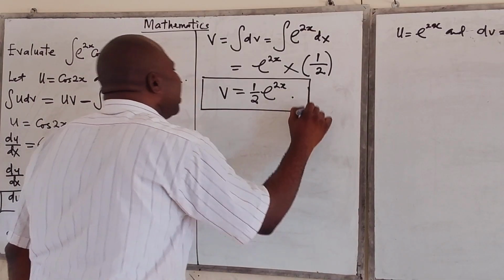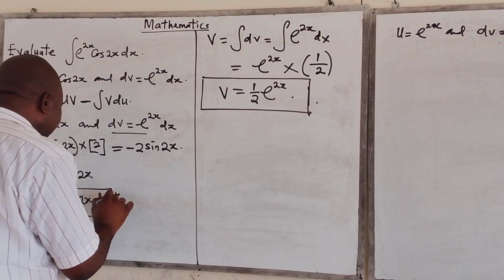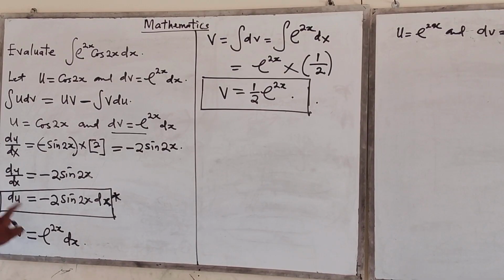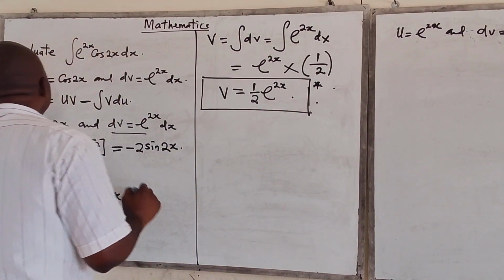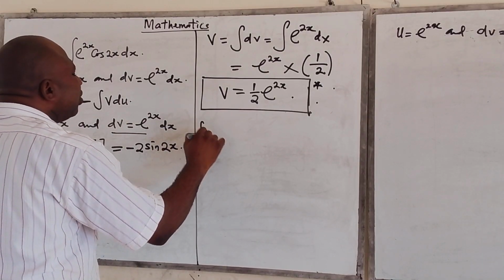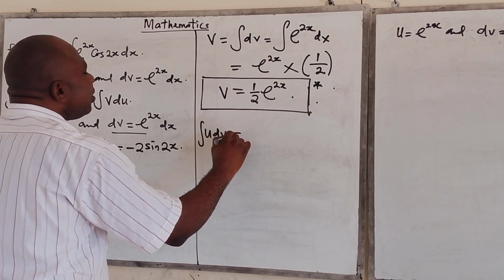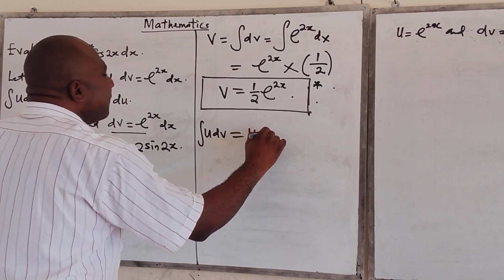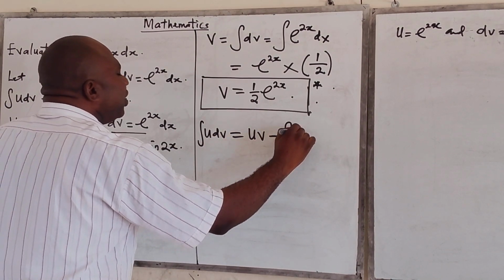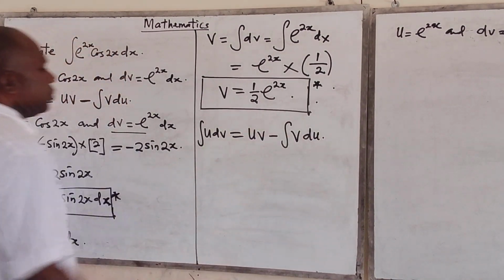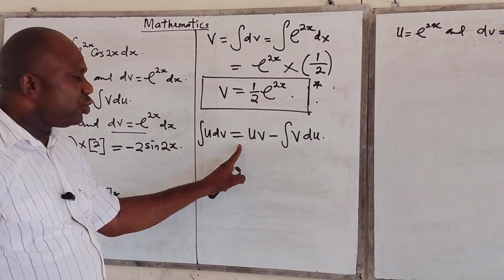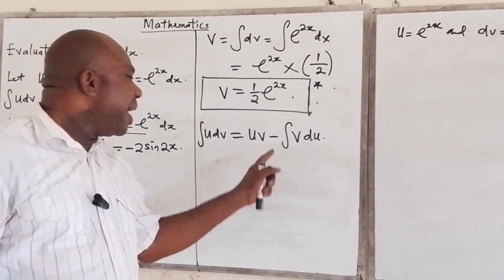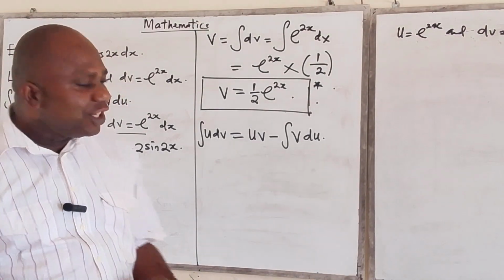Now, we have seen the value of u and also the value of v. And remember, we said integral u dv is equal to uv minus integral v du.